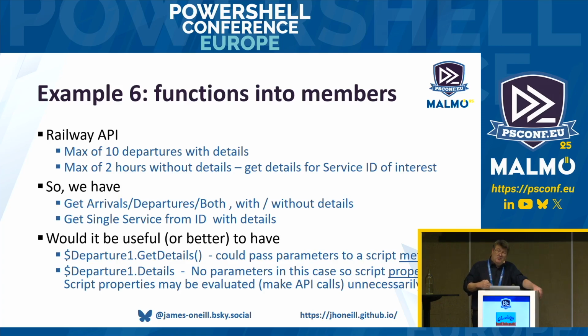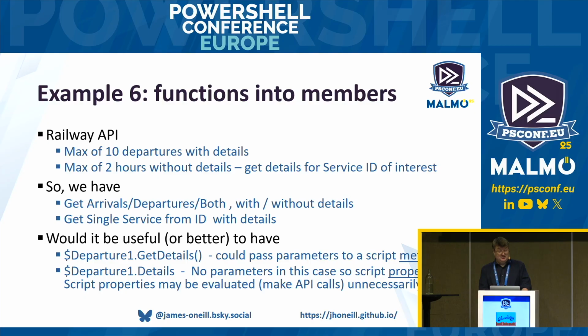And then we can say, we've got a departure, we've got an ID for that departure. Would it be good if we could actually go from the departure with no details to getting the details?